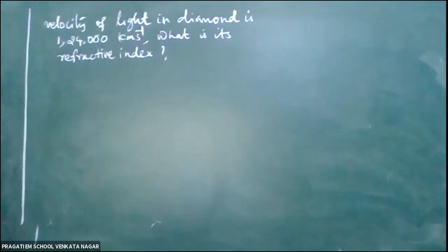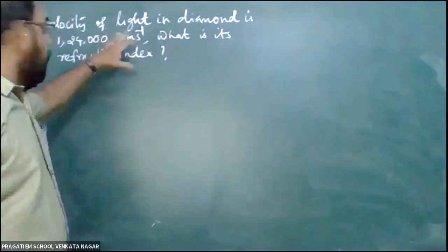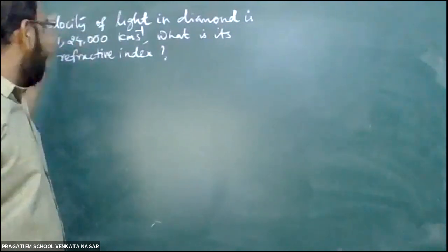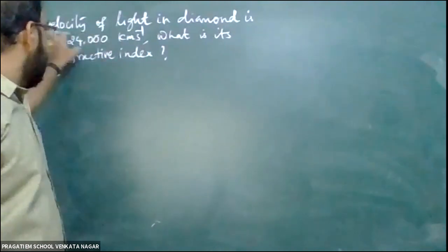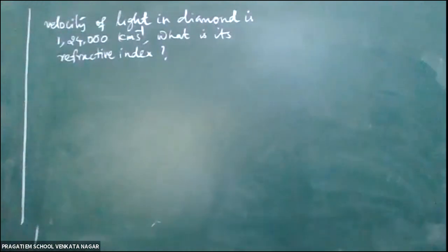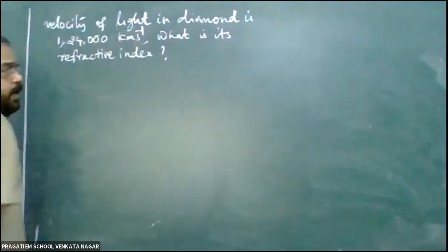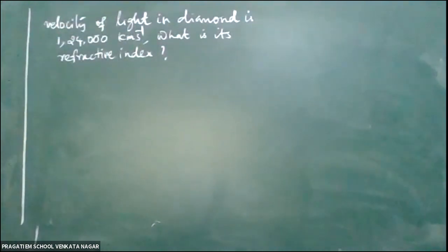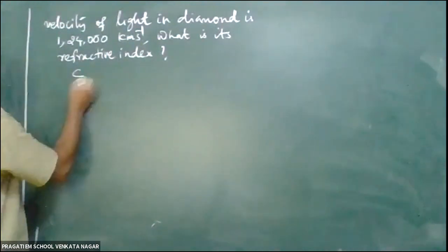In the previous two cases, whenever the refractive index was given, we found the velocity. Now the velocity is given, 1,24,000 kilometer per second. What is its refractive index? We can use the same formula.